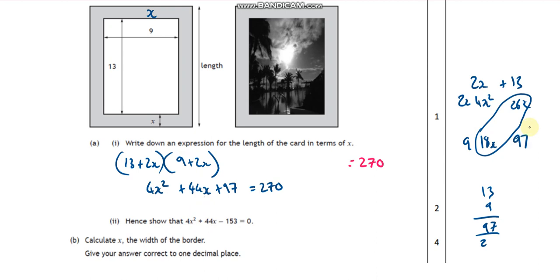So now I'm hoping when I pull this over, I'm going to get negative 153. So if I do 4x squared plus 44x, plus 97, take away 270, I should get negative 153. So let's look at the difference then between, if I do 270, take away 97, so borrow 6 and 1, so it's going to be 3, borrow again, that'll give me 7 and 1.